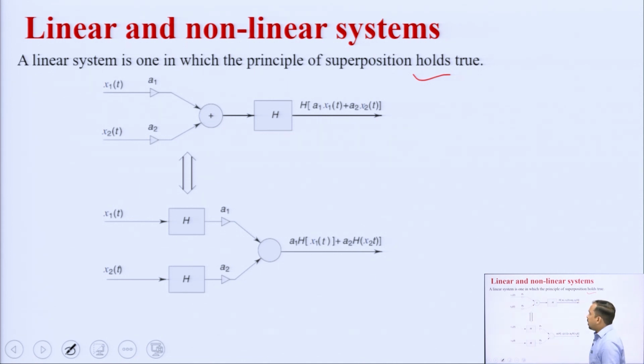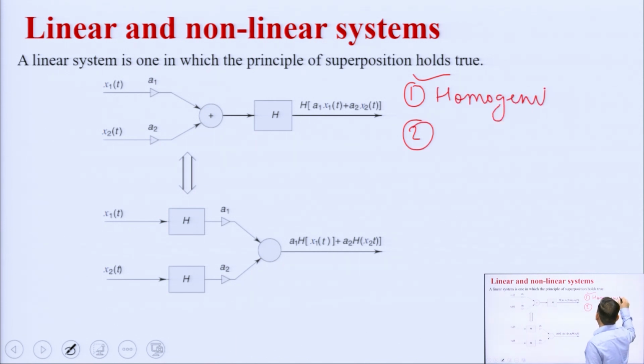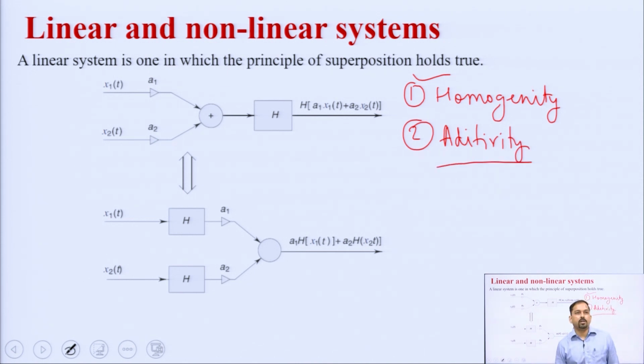A system is said to be linear if it follows the principle of superposition. Now, what is the principle of superposition? The principle of superposition consists of two things: homogeneity and additivity. First, what is homogeneity?